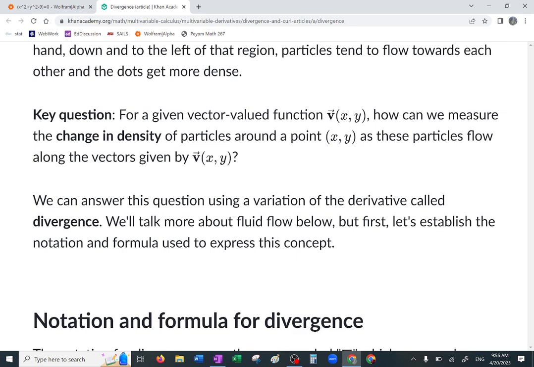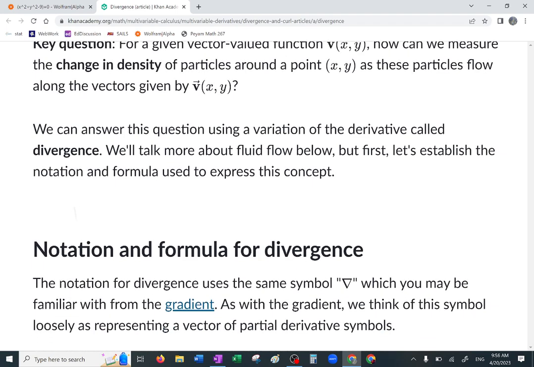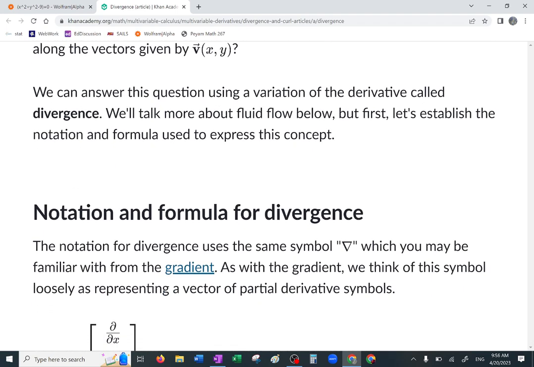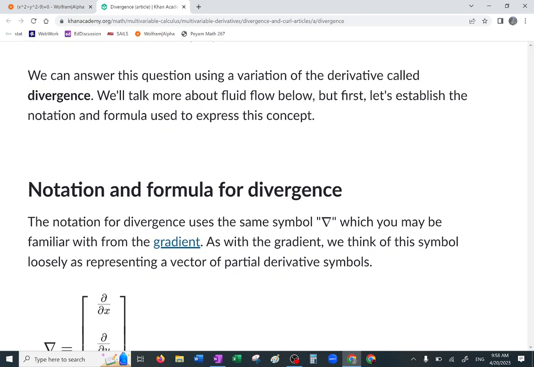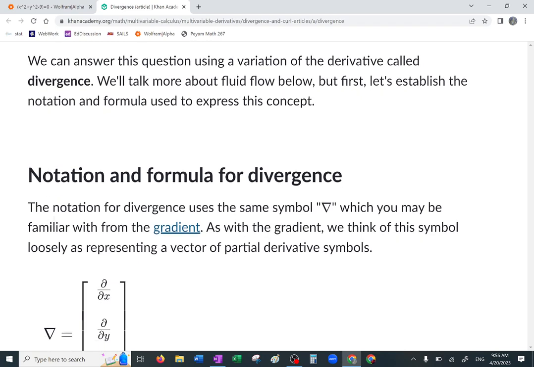We know how fast things move, even second derivative, third derivative, acceleration, jump. Now we want to know how fast they move and get into a group. Isn't it cool that there's a mathematical property for that called divergence? So we can answer this question using a derivative called divergence. It's a variation of a derivative. If we talk more about fluid flow, then it's easier to visualize it.